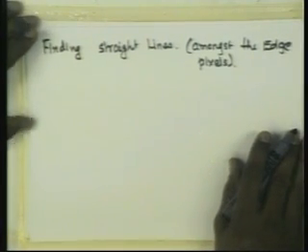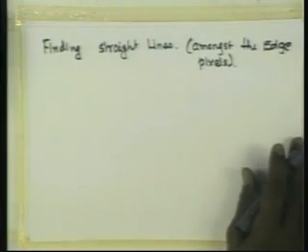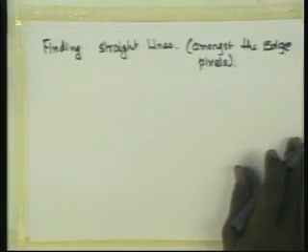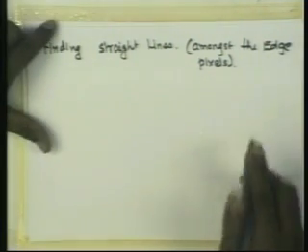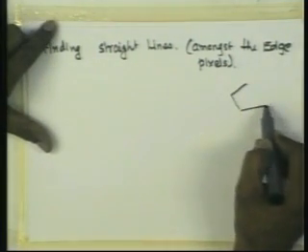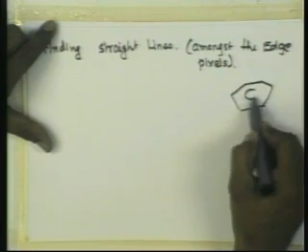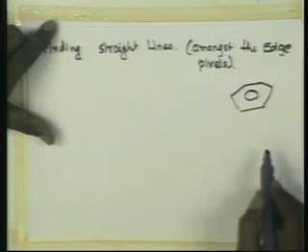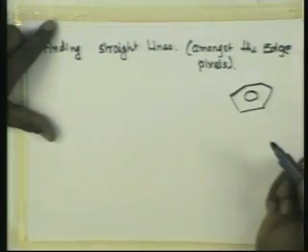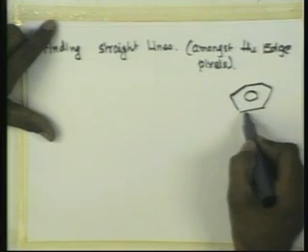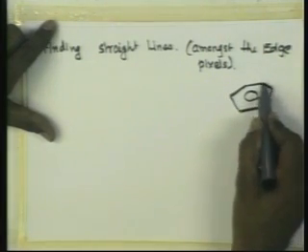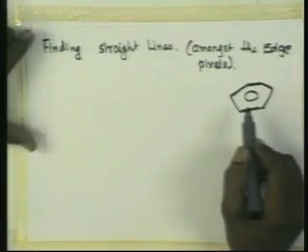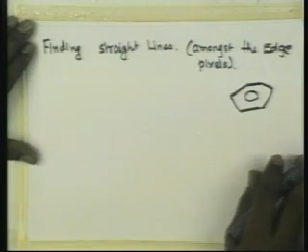Why would we want to do that? Supposing there is a box shape object, or a nut lying on the table, and it has some straight edges. We would like to know what the orientation of this is, so we would like to know if there are straight edges present. If there are, how do we find them?